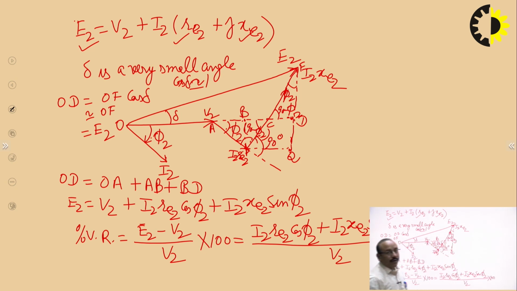So, that is how we derive the expression for voltage regulation in a transformer for a lagging power factor load, and the important point here is we get a plus sign with lagging power factor load.